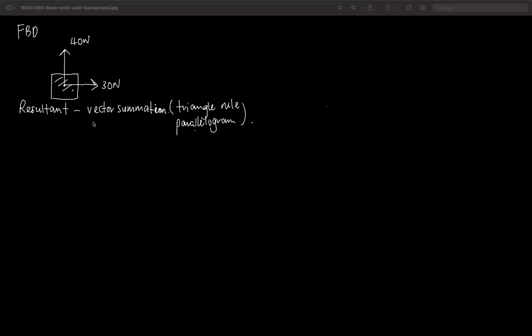Vector summation means I'm adding up the vectors. What is a vector? A vector is like this arrow here. This is a vector showing you 40 Newton in this direction. This is another vector telling you that it is 30 Newton to the right. So the arrow is the vector. Force is also a vector.